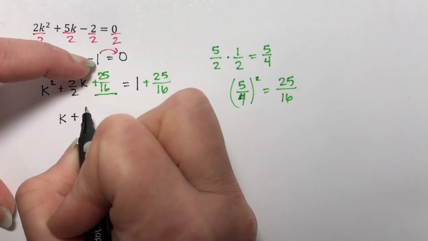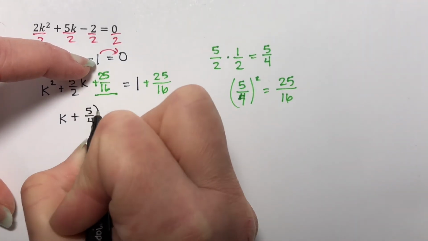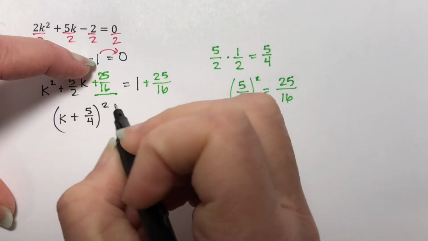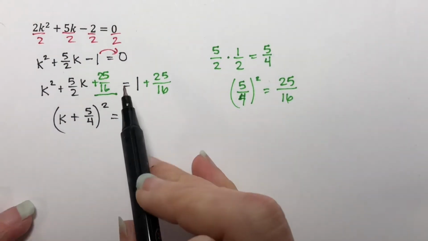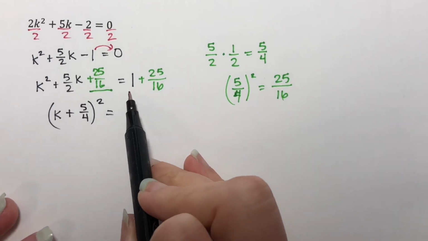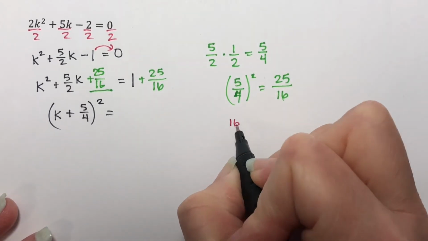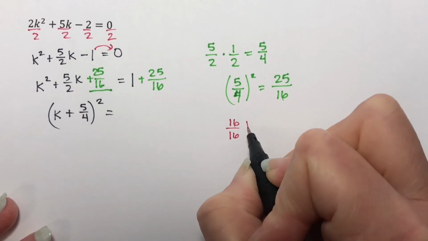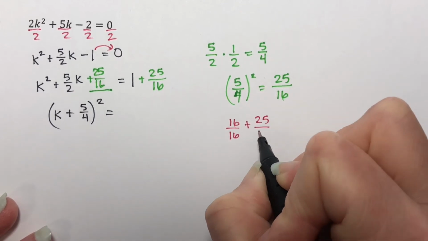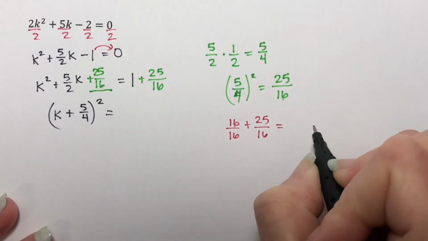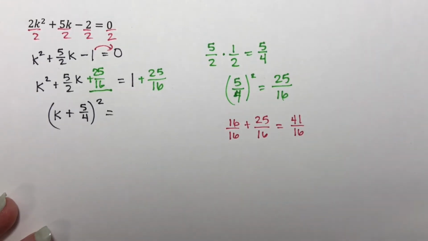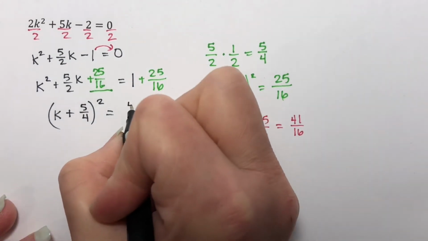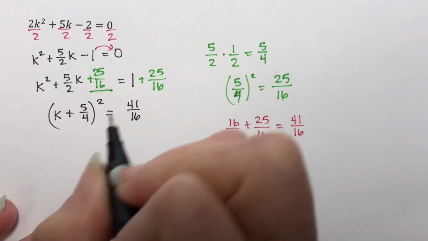So it's k plus 5/4 squared is equal to, I'm going to do some calculations over here. I'm going to rewrite 1 as 16 over 16 plus 25 over 16. And this is going to equal 41 over 16. Okay, so this value is 41 over 16.